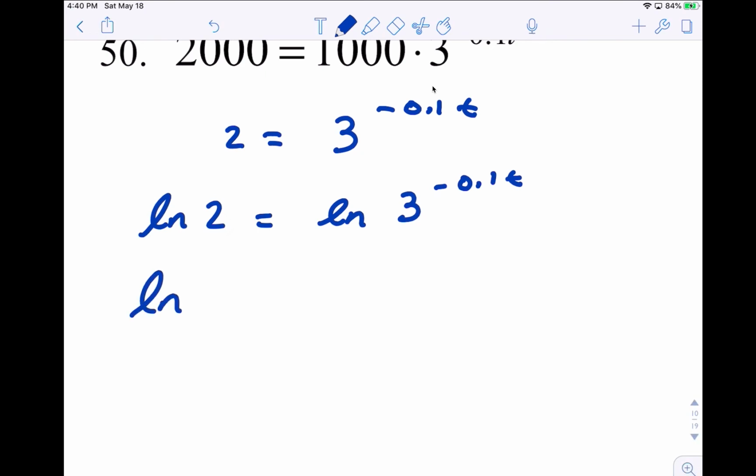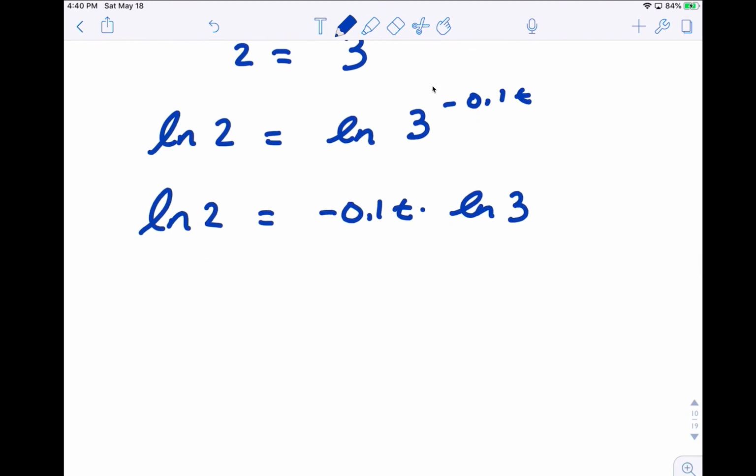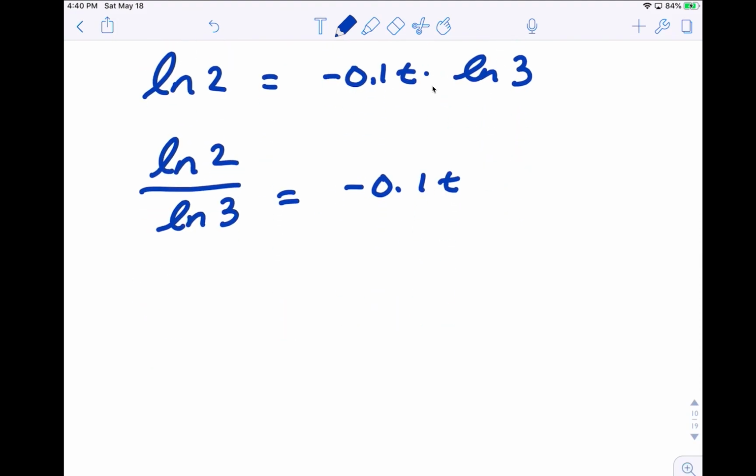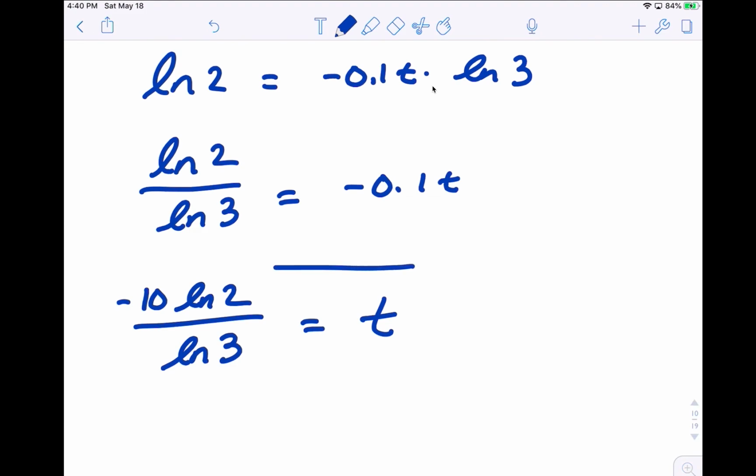So this is now ln of 2 equals negative 0.1 t times ln of 3. Divide the ln of 3 over. So you got ln of 2 over ln of 3. And then the last thing you're going to do is multiply both sides by negative 10. So the negative 10 natural log of 2 over natural log of 3 equals t.